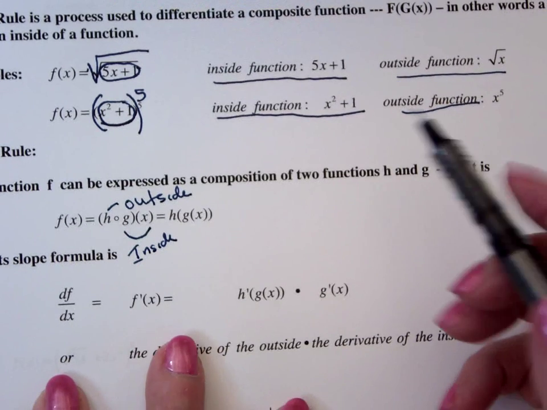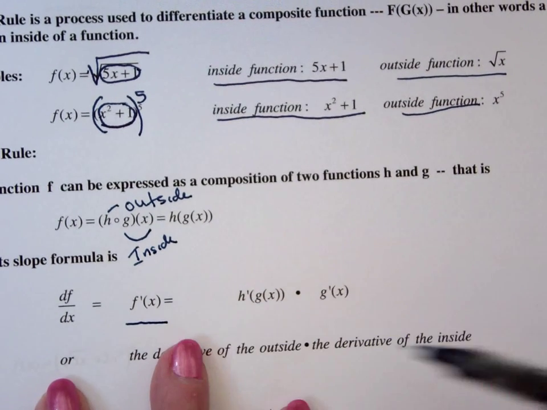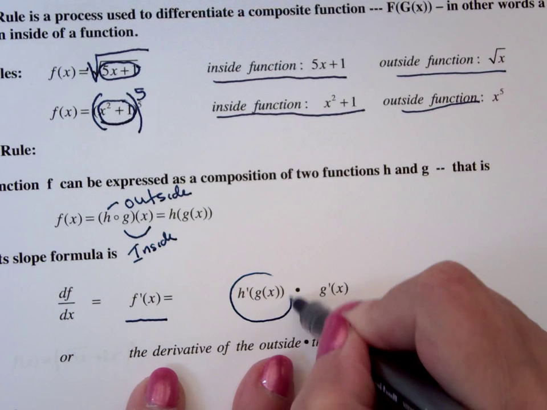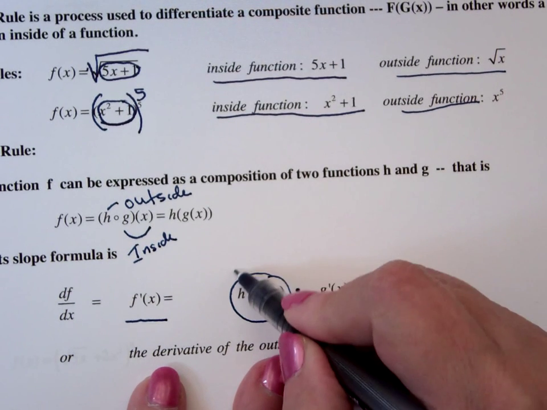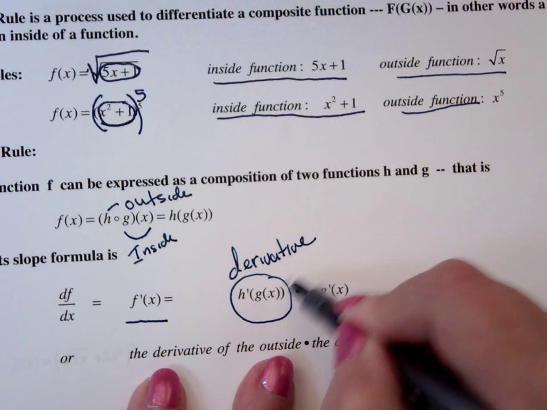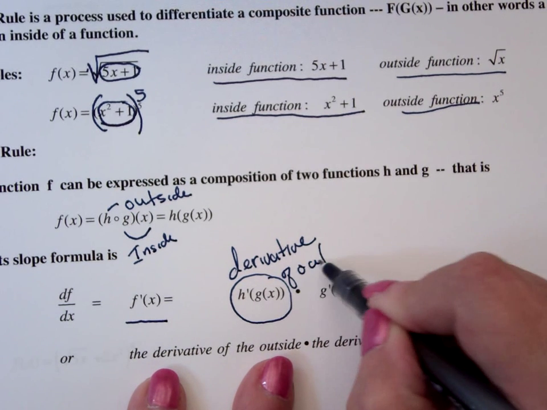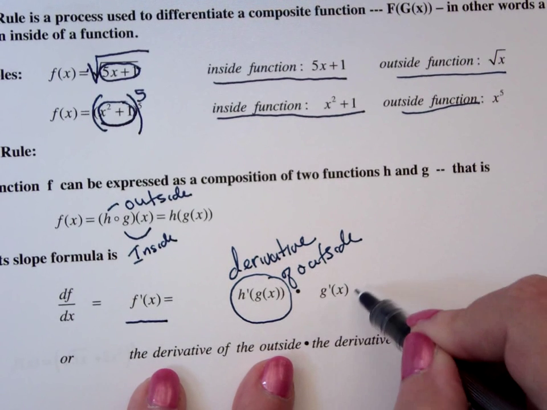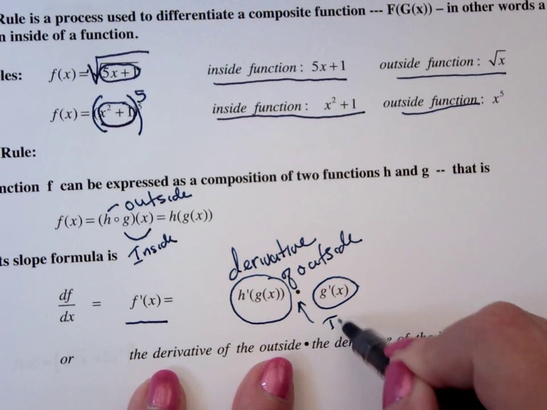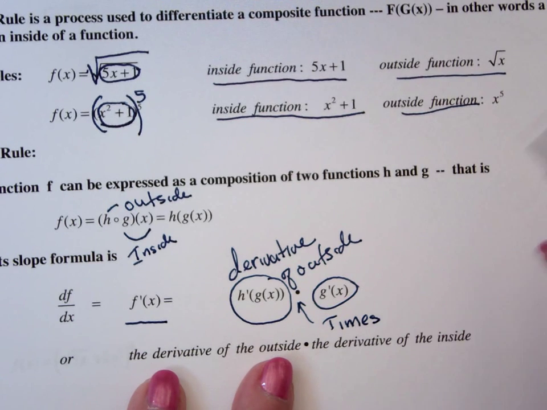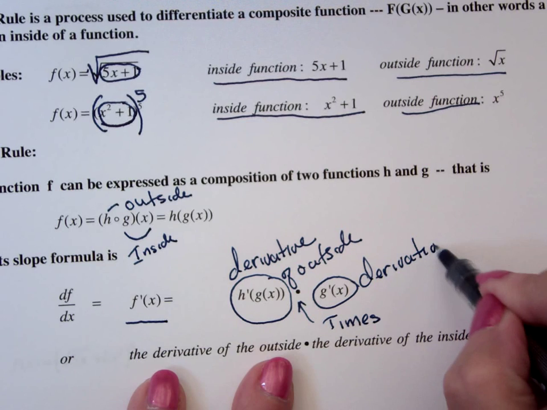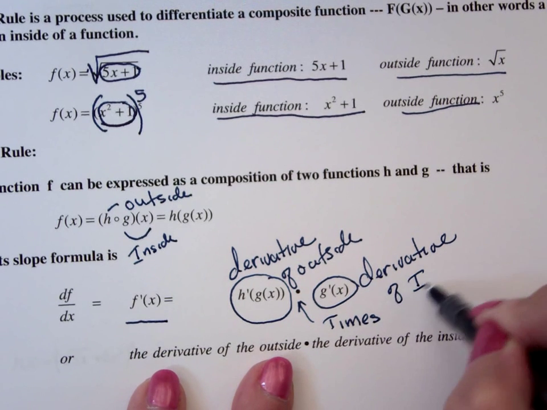Then the derivative of that composite function is the derivative of the outside times the derivative of the inside.